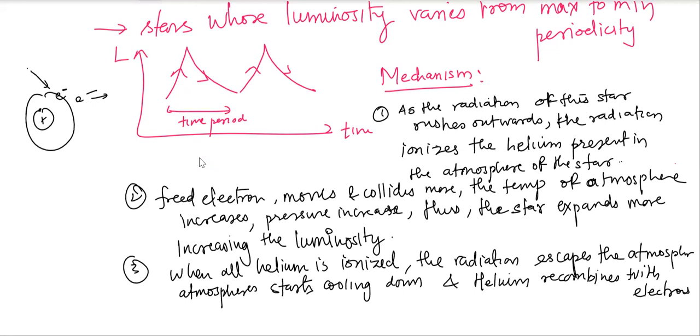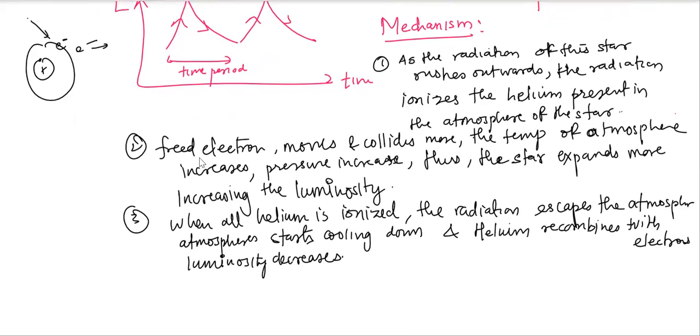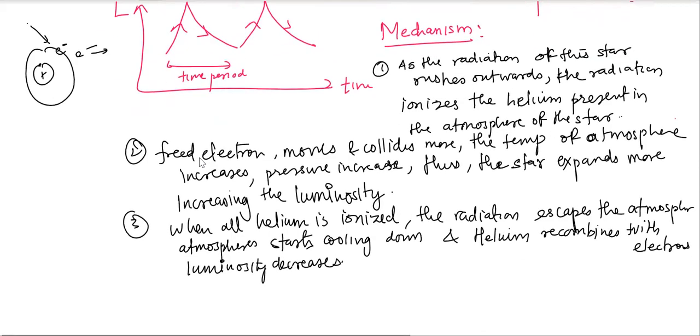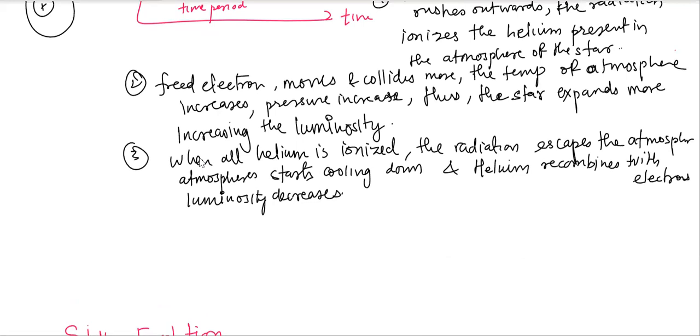So this is how the cycle works, and as it recombines, the luminosity decreases. Okay, so this is how the process works, and the average luminosity that we calculate has a direct relationship with the time period.